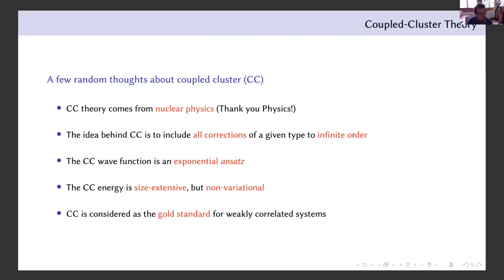Coupled cluster comes from nuclear physics, was imported into quantum chemistry, and went back to nuclear physics because it has been developed a lot in chemistry. The idea is that by using an exponential ansatz of the wave function, you're able to include all corrections of a given order to infinite order.